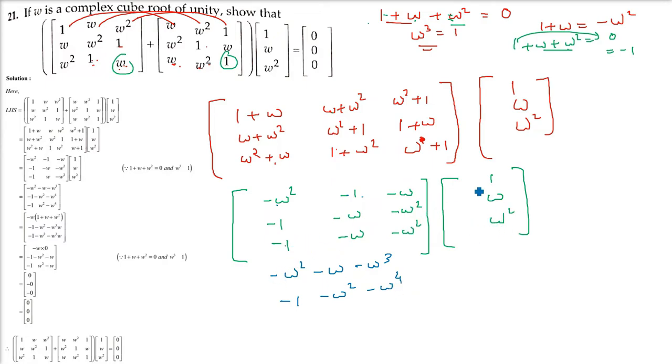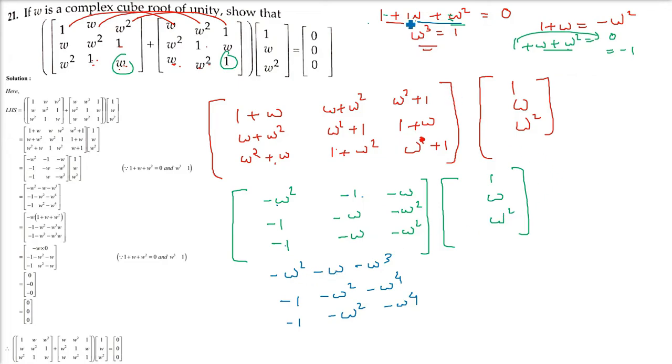Minus 1, then we have this minus omega square, minus omega to the power 4. When you learn determinants, if two rows of the determinant are the same, the value will be 0. But that is the later part we'll learn in determinants. But here you can take in the first one, see, omega plus omega square is what?